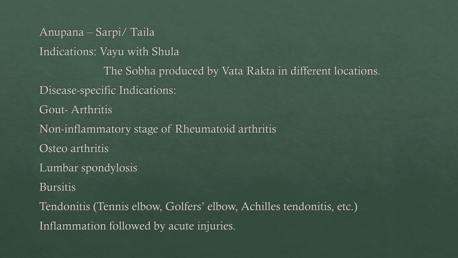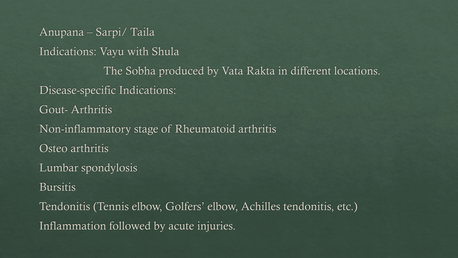So in Vatarakta there is already a Vata vitiation, Rakta vitiation and Pitta vitiation. And the Rakta vitiation can be due to Pitta or Kapha. Based on Kapha Adhika Vatarakta or Pitta Adhika Vatarakta, we are changing the combination with Anupana. So the Anupana is mostly, in almost all cases, indicated as per the state and stage of the disease.